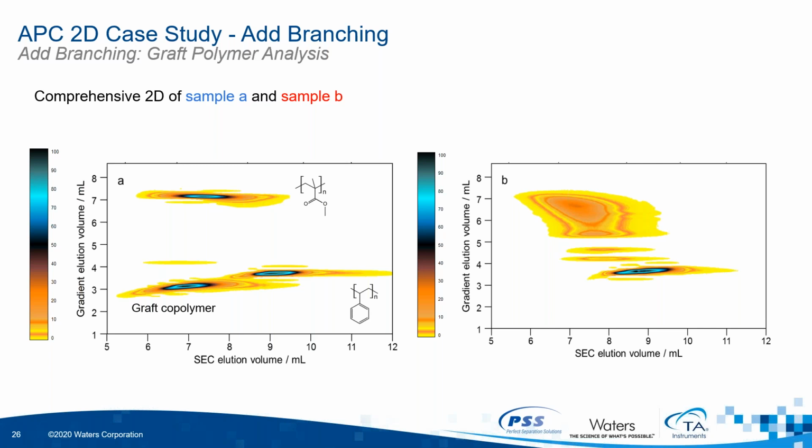The fraction eluting at the top, at around 7 milliliters elution volume on the y-axis, is unsubstituted backbone. The fraction in the lower left-hand corner is the target polymer, the graft polymer. Right next to the graft polymer fraction, there is a separate fraction consisting of unreacted side chains.